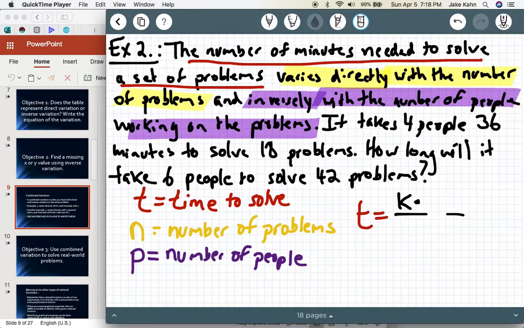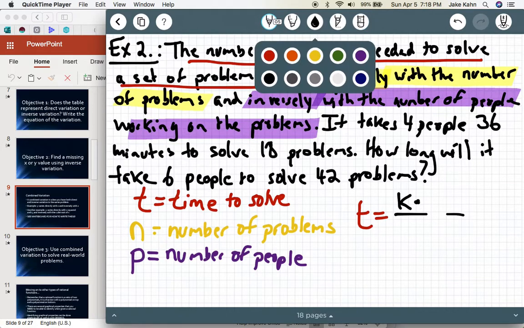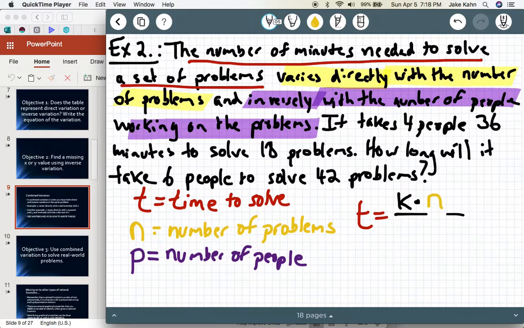This should be n, right? Sorry about that. So anyways, what I just wrote, K times n, the number of minutes varies directly with the number of problems. That's why n is on top. And it varies inversely with the number of people, which is P. So we're going to put P on the bottom.